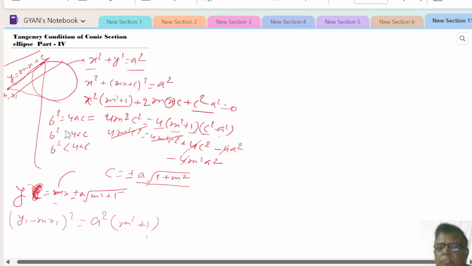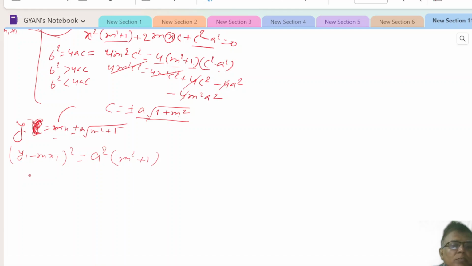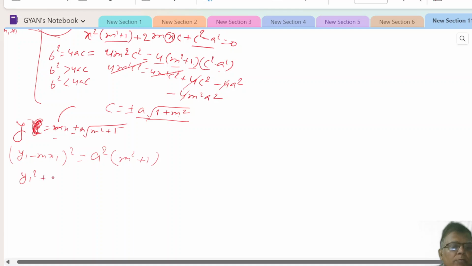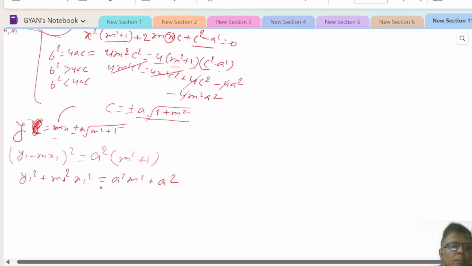So here what we see, if the point is fixed, only one point, then it is giving a quadratic equation in m. So what is the quadratic equation in m? y1 square minus 2 y1 x1 m plus m square x1 square is equal to a square m square plus a square.